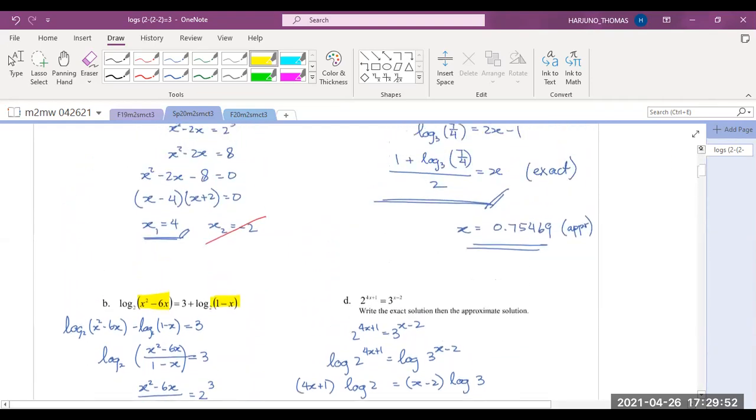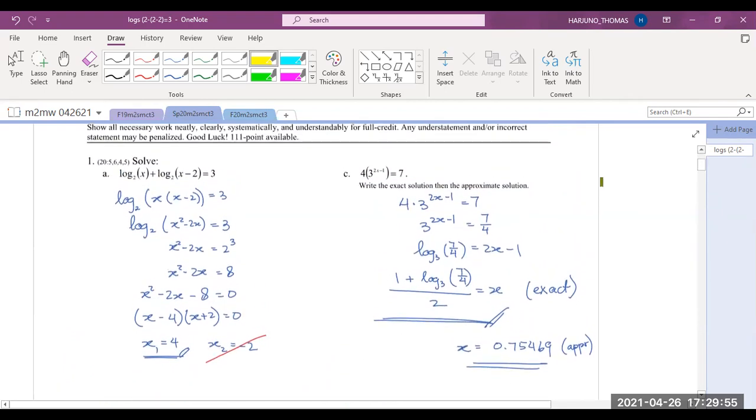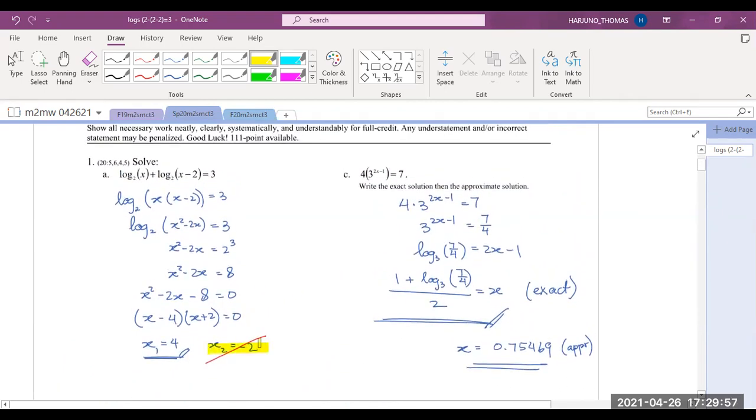Okay, now here we reject the negative part, not because it is a negative answer, but because when I plug that into either one of these, I get a negative argument, and that's why I reject that. Okay. It's not who you are, it's about what you do.